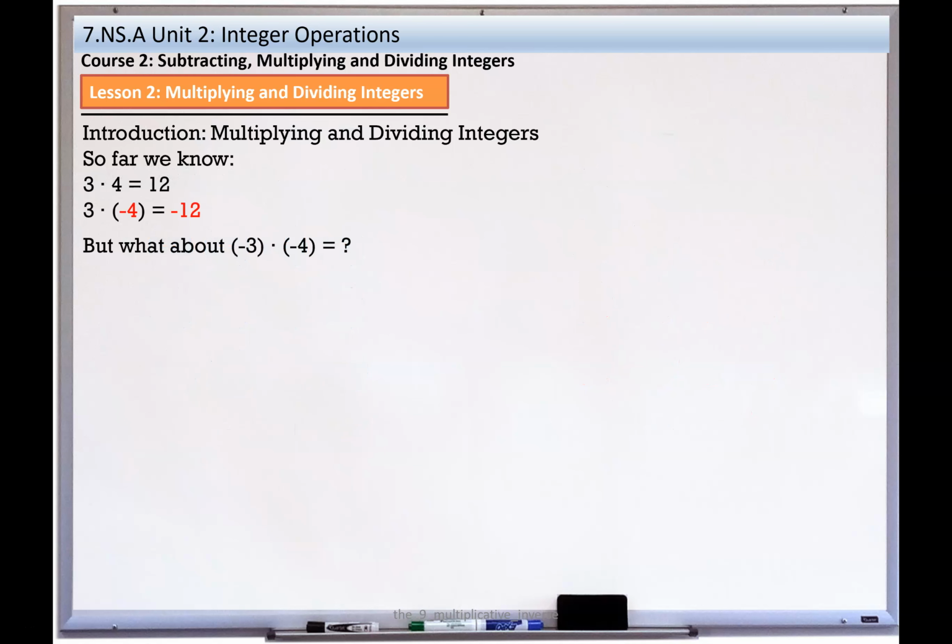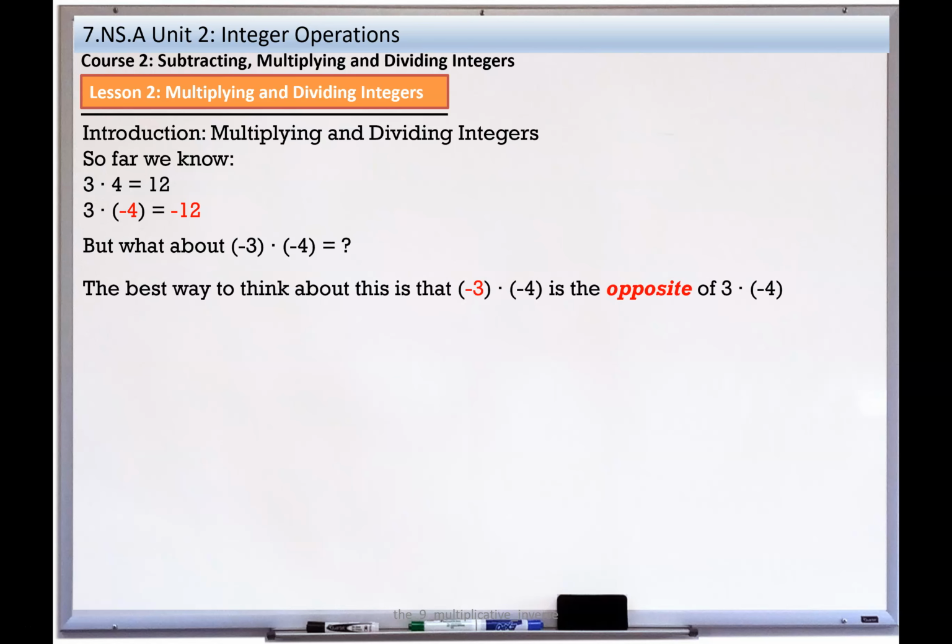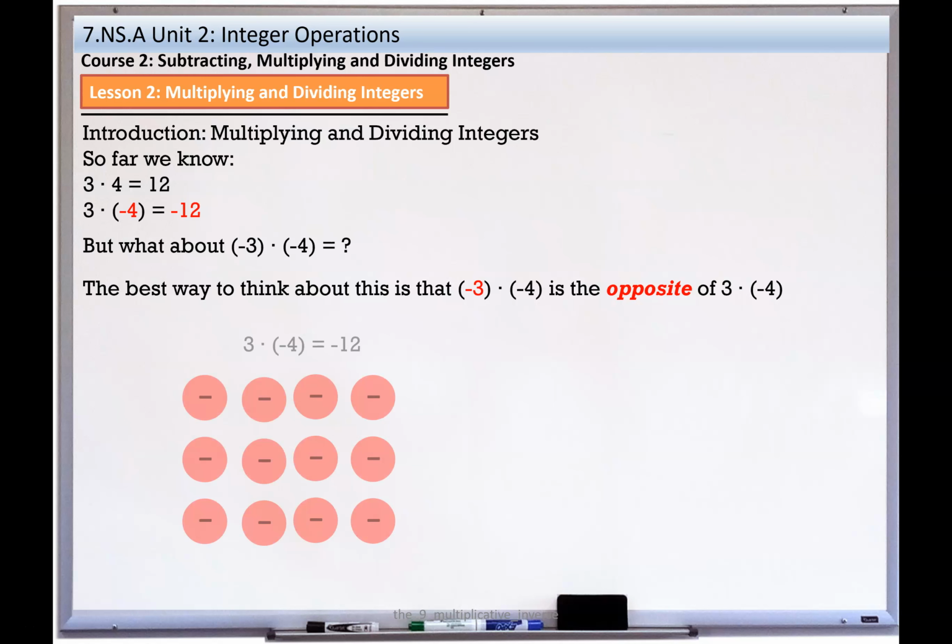So far we have 3 times 4 is 12, and 3 times negative 4 is a negative 12. But what about negative 3 times negative 4? Well, the best way I can explain negative 3 times negative 4 is really it's just the opposite of 3 times negative 4.